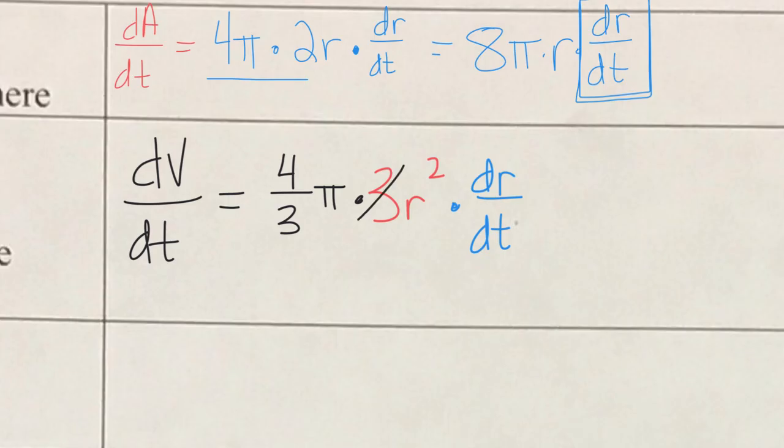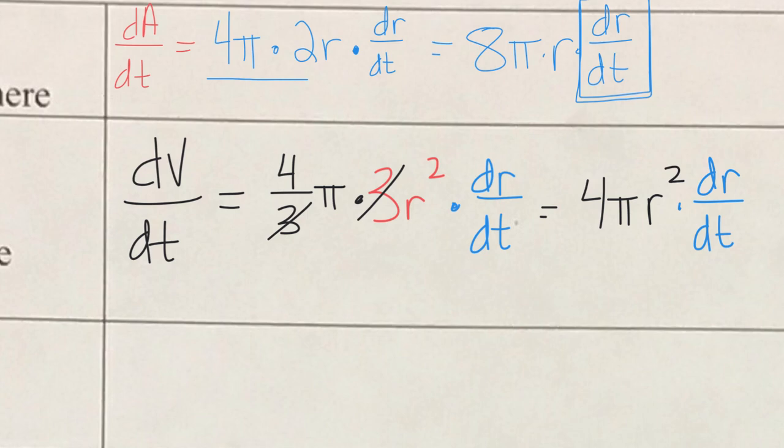The 3 and the 3 can divide, right? 3 divided by 3 is 1. So we have a 3 in the numerator and a 3 in the denominator. So that leaves 4 pi radius squared times dr over dt. Okay? So taking the derivative with respect to time.